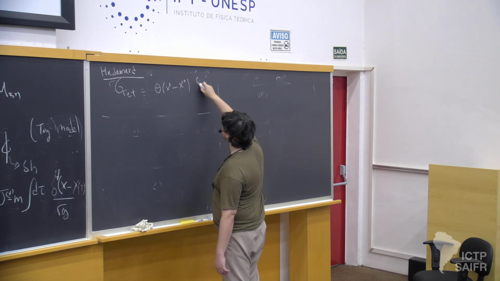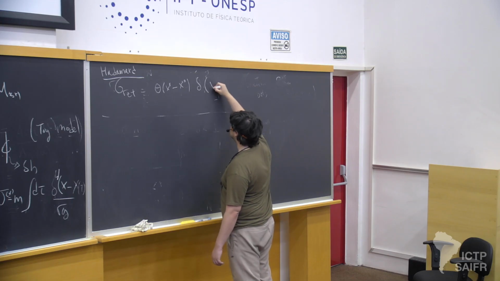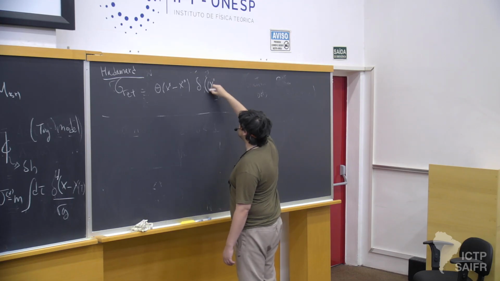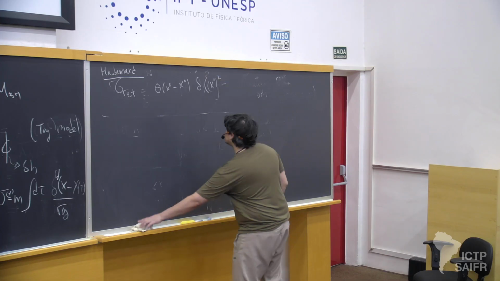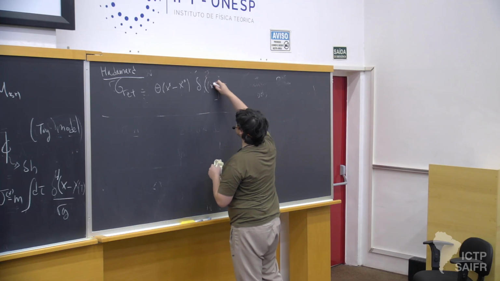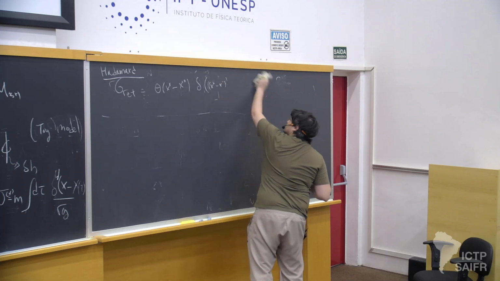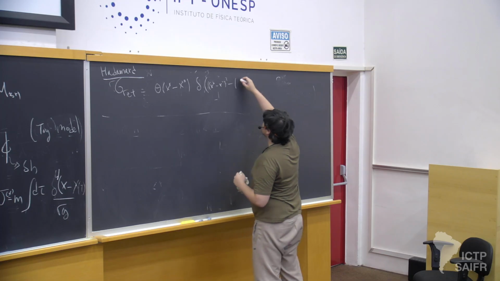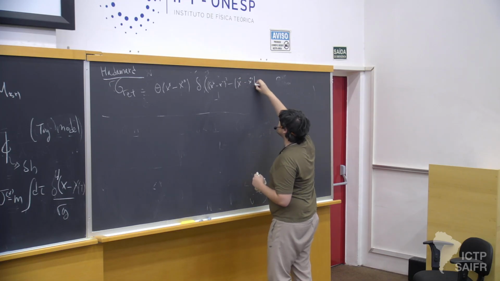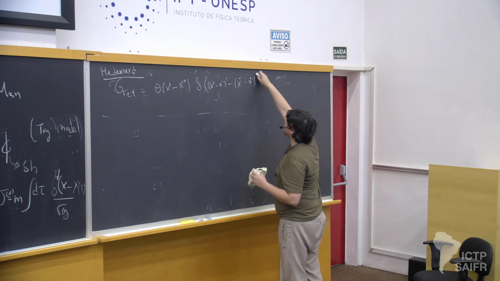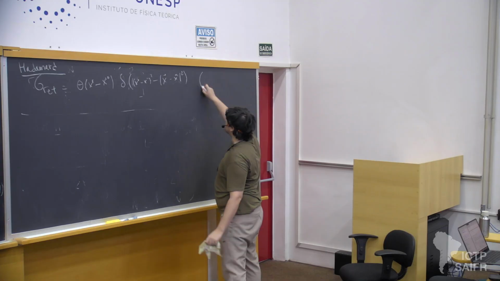And then there was a delta function on the light cone, which we can write as the time difference x0 minus x0 prime, squared, minus the vector x minus the vector x prime, squared, in the delta function. Okay, that's the flat space case.